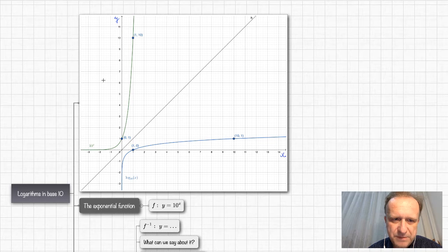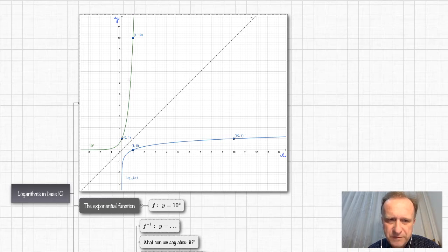So there must be an inverse to this function. Let us call this inverse f inverse, and for sure there is a formula for this inverse function. What you may remember is the correspondence between the graph of the inverse and the graph of the original function f, namely that the graph of the inverse has to be symmetrical with the graph of the original function, and this diagonal should be the axis of symmetry.